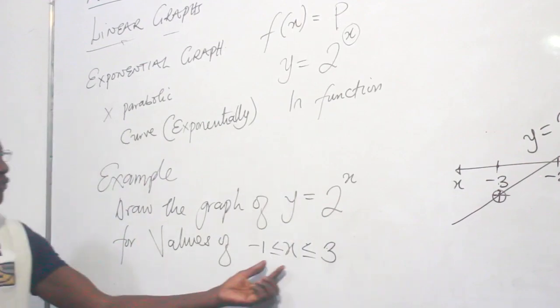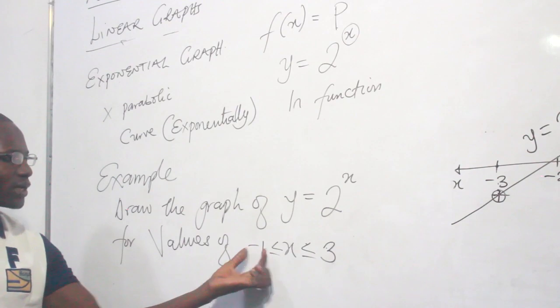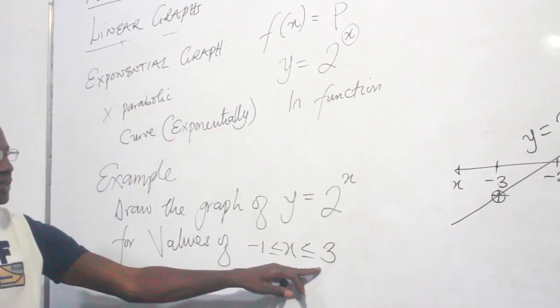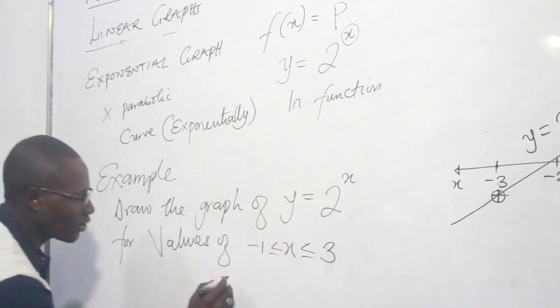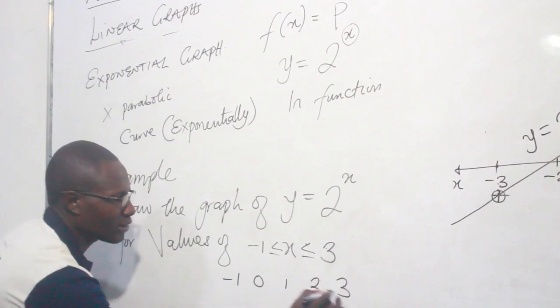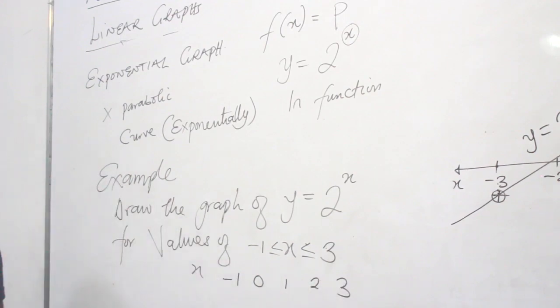It means the values of x will range from -1 to 3, with -1 and 3 inclusive. That is, we have -1, 0, 1, 2, and 3. These are the values of x.